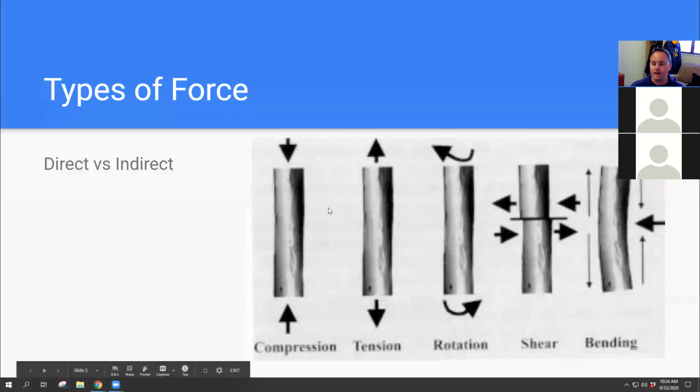What type of fracture, Kian, do you think would be common with a compression force? Can you say that one more time? What type of fracture, what classification of fracture would be common with a compression force? We talked about fractures in this class, right?